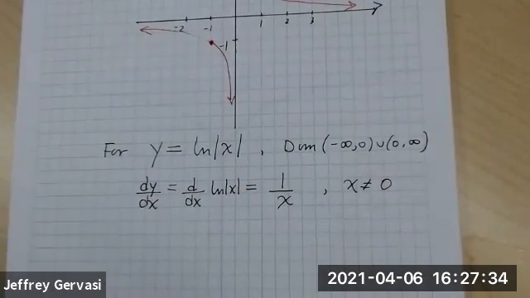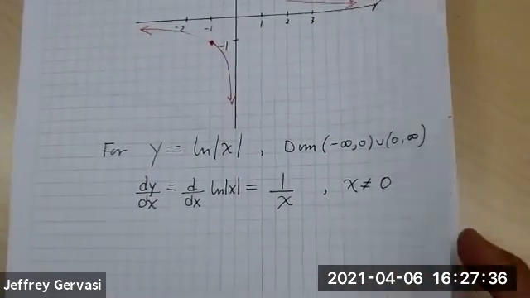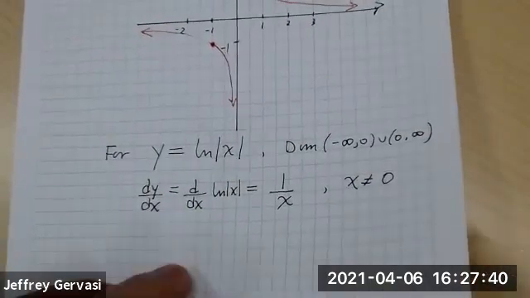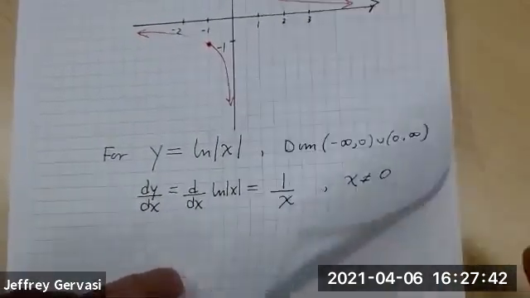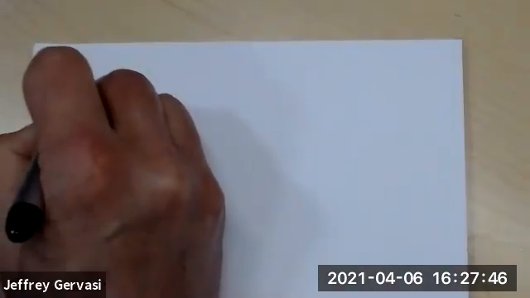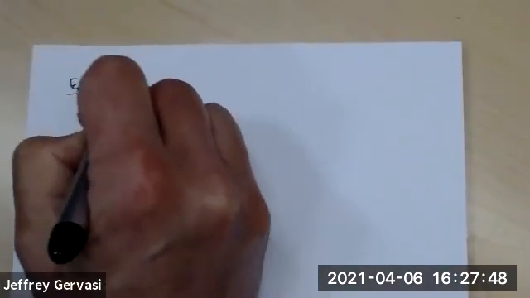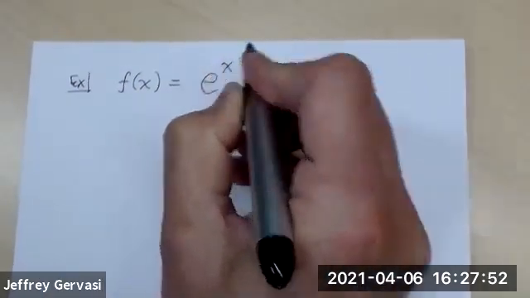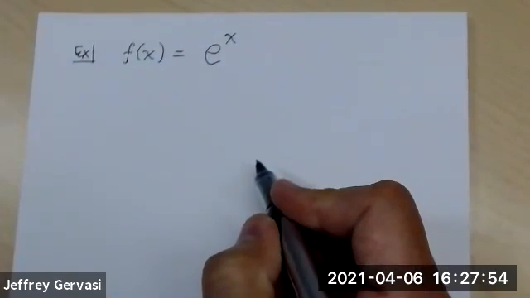Here's another example where we rely on work that we've done already. Let's suppose I want to define the derivative of the natural exponential function, e to the x.